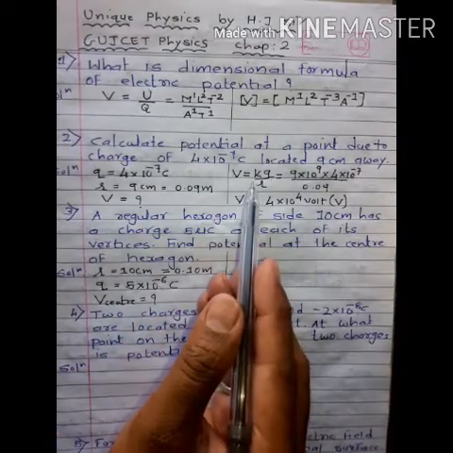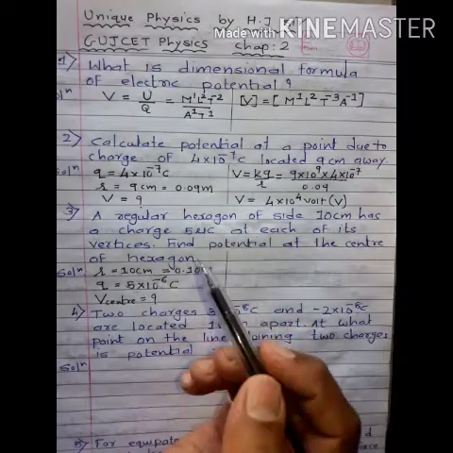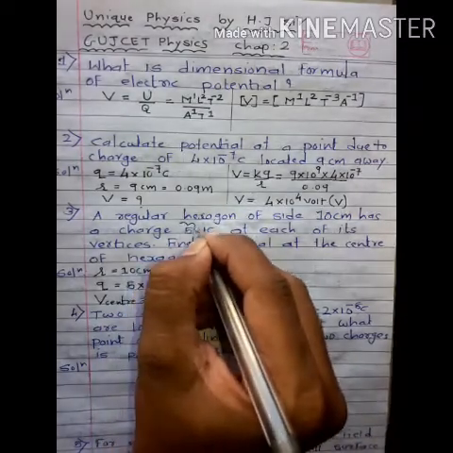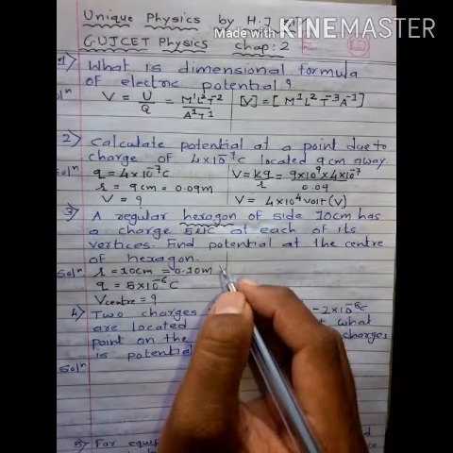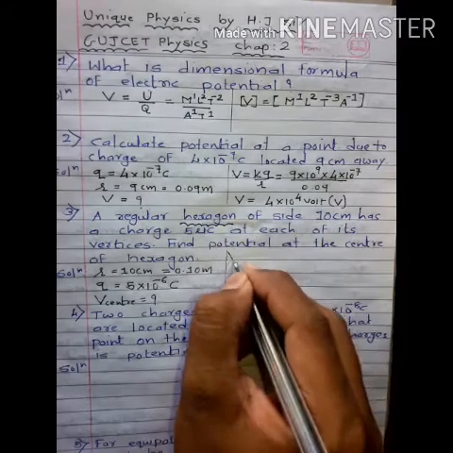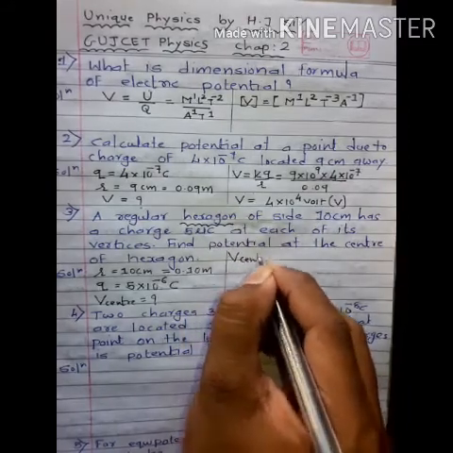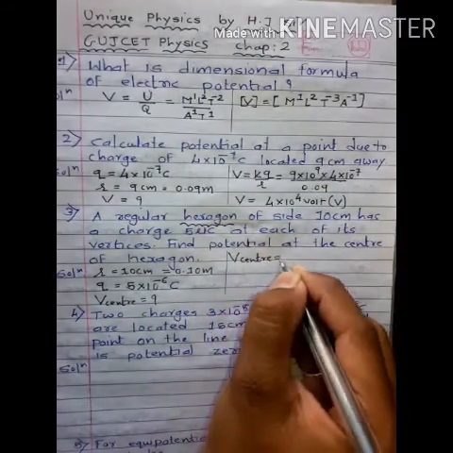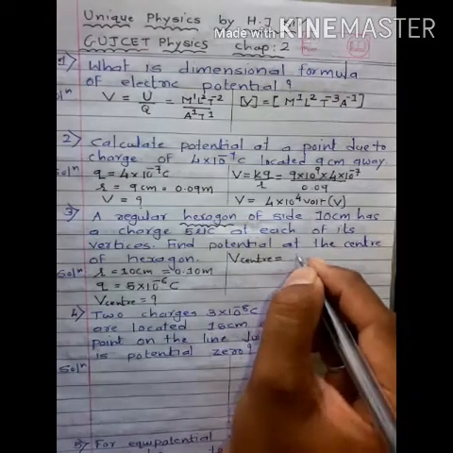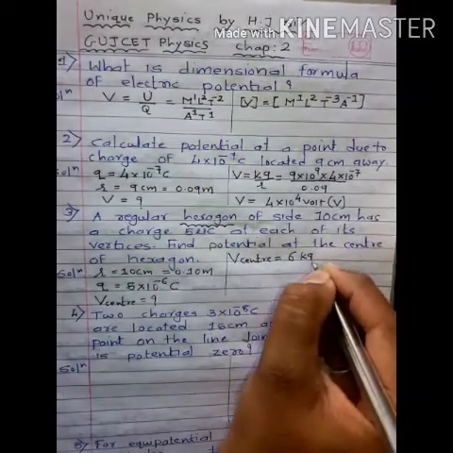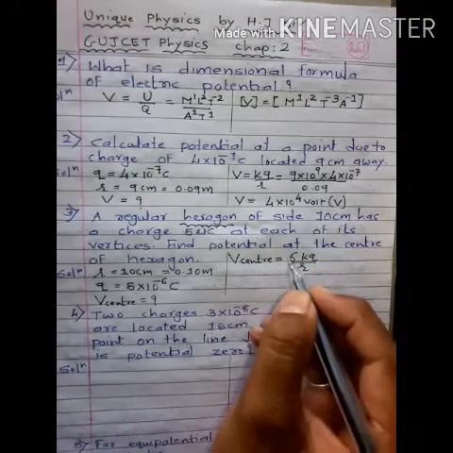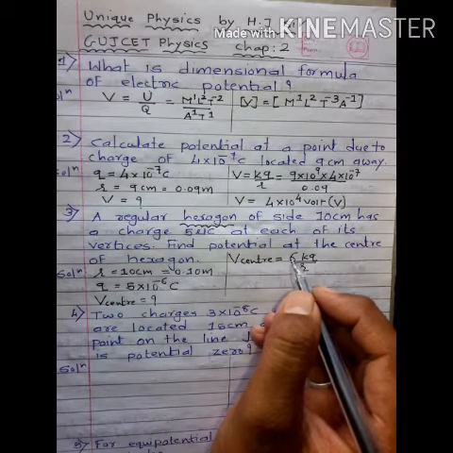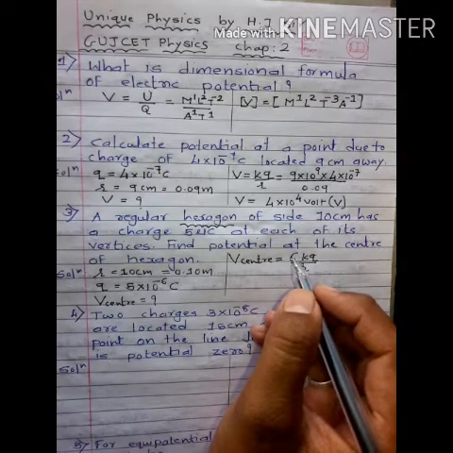Here we again use the same equation KQ upon R, but remember this point. Here we have a hexagon, and a hexagon has a total of 6 corners. So 6 charges are present. So the potential at the center of the hexagon, V, is given by 6 KQ divided by R. Clear? Because here we have 6 corners. So 6 point-like charged particles are placed at each corner.